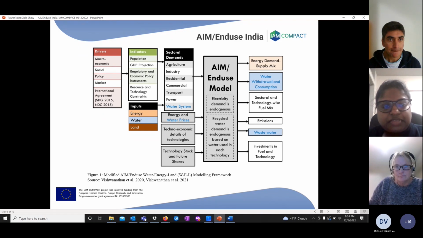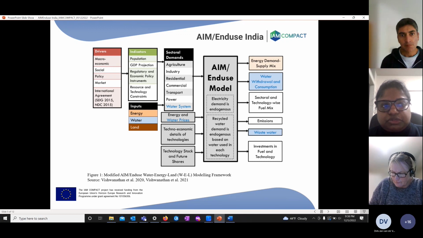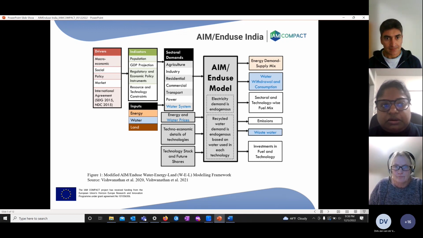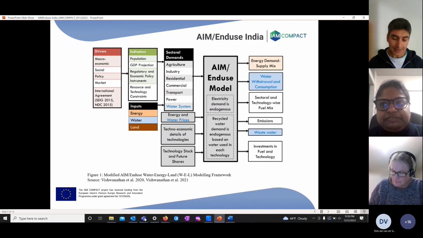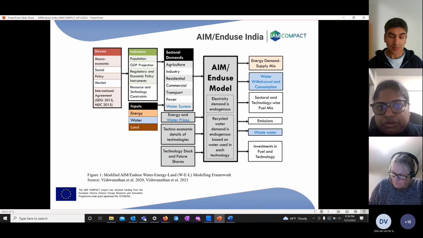So the drivers, as most of the models, we have the macroeconomic indicators, the social indicators, the policy and market indicators. Also, we look at the international agreements, specific targets that we had in SDG, the NDC, the updated NDC, and we use that to basically develop the sectoral demand models.